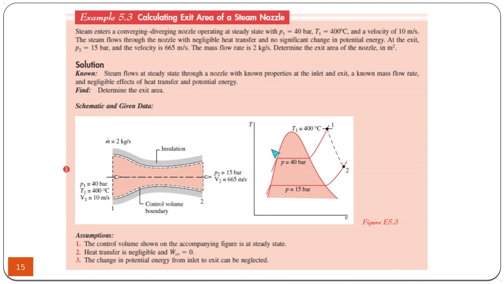According to this example, a steam nozzle, which is given here, has an inlet pressure of 40 bars, 400 Celsius, and 10 meters per second. This is for sure superheated steam. If we check it on the table, this is superheated steam. Then after it passes through the nozzle, you remember that velocity increases while pressure decreases.